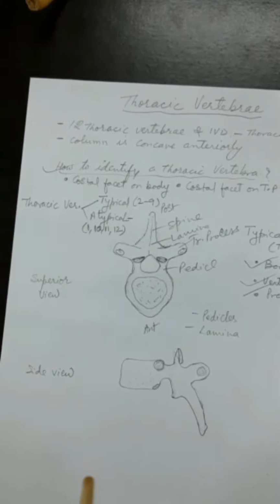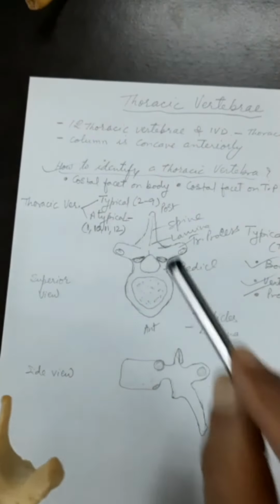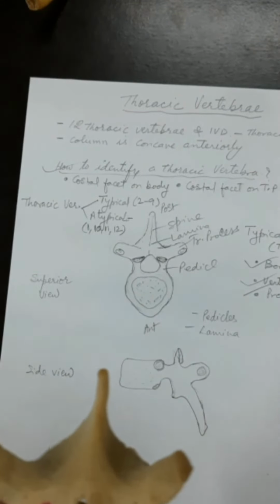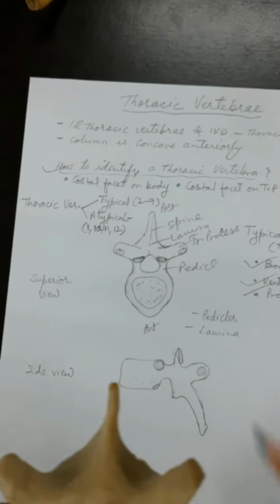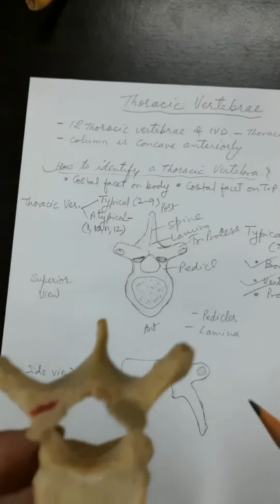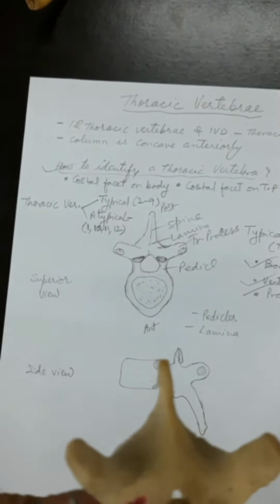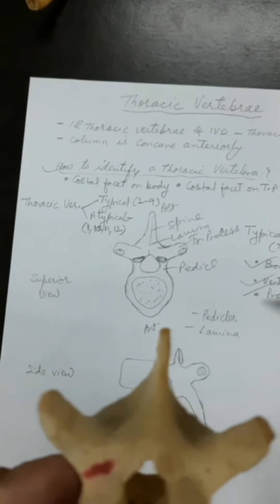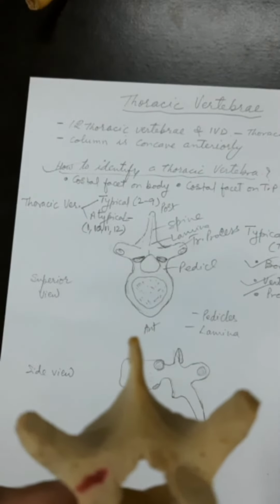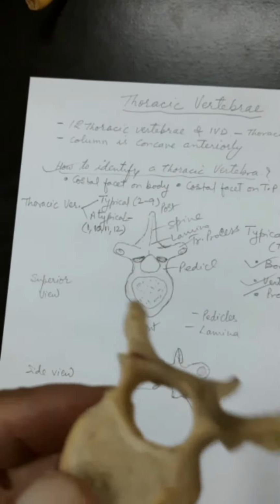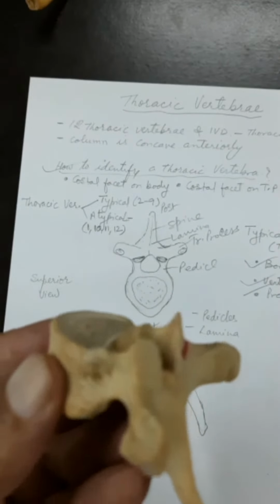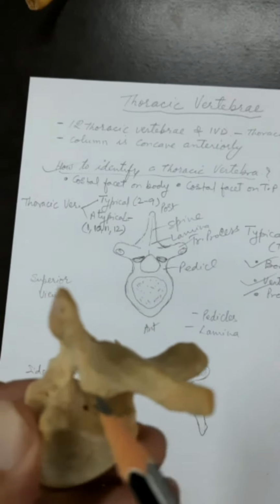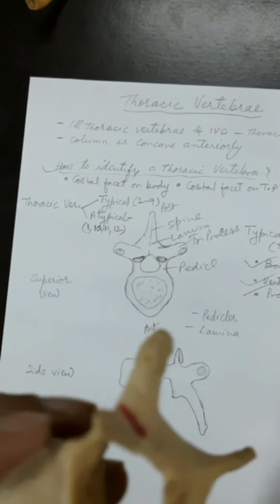Now let us come to the first pair, that is the transverse pair, but let me enumerate what are the other processes taking origin from the vertebral arch or neural arch. I told you the transverse processes, right and left; one is the spinous process, which makes 3. Then 2 superior articular processes. See here, if you see better from this view, these are the 2 superior articular processes and these are the 2 inferior articular processes.